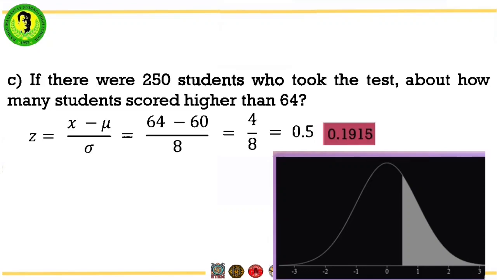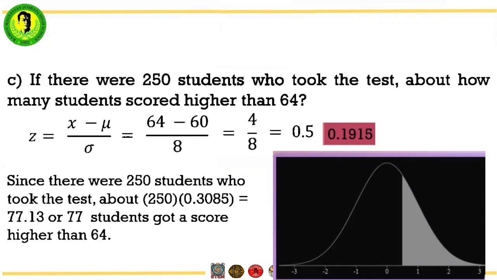0.5 is 0.1915. What do we do with 0.1915? Illustration. Do you think this is 19%? Okay, so 19% is incorrect because 19% is from 0 to 0.5. That is 0.1915. So what do we do with it? We will subtract it from 0.5 so that we can get the actual area.